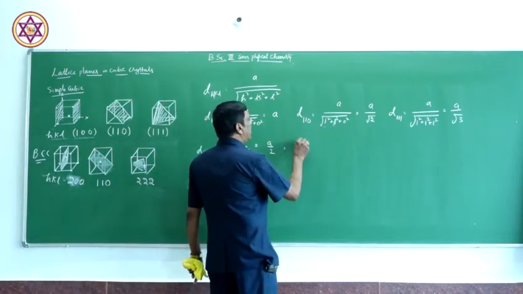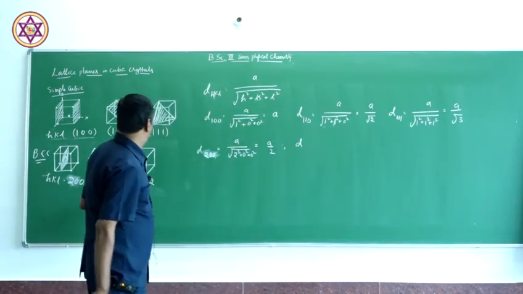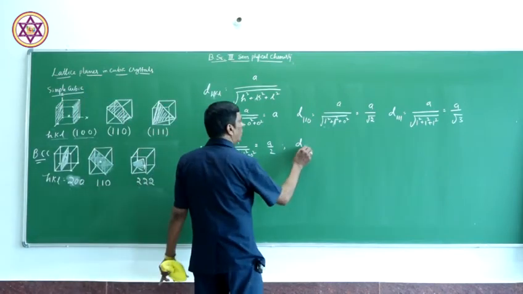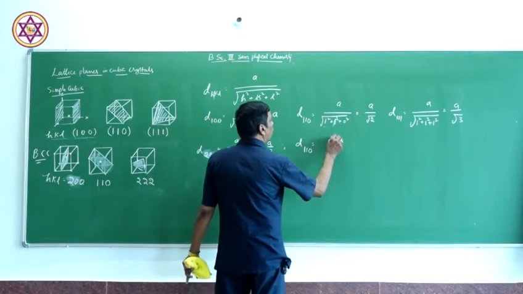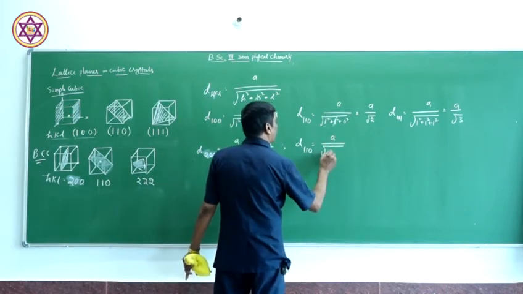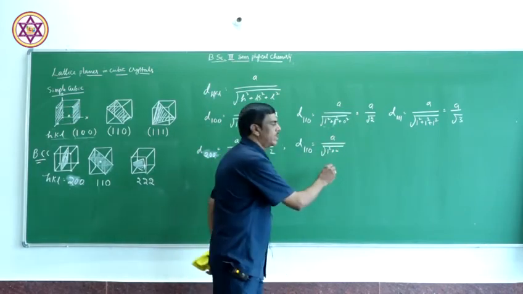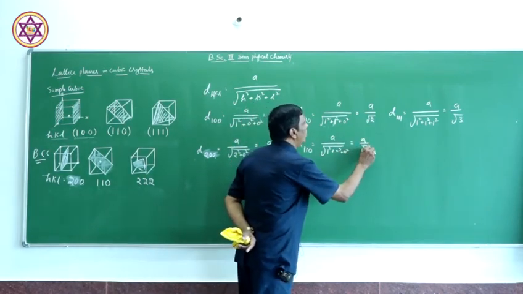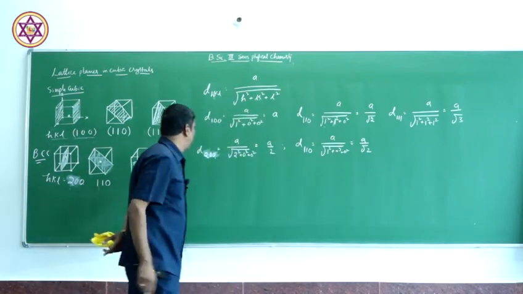Similarly, the distance between the parallel planes of the 1 1 0 is equal to a over square root of 1 square plus 1 square plus 0 square, that is a by root 2.